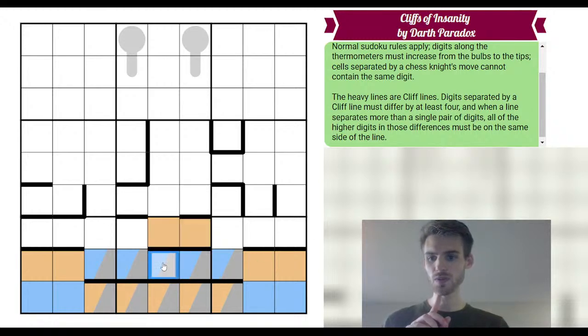And Naverio points out that these two cells cannot be 5s because if that's a 5, none of these cells could be 5, and these two cells cannot be 5 because of Knight's move. So these two cells are not gray, and are not 1 or 9.